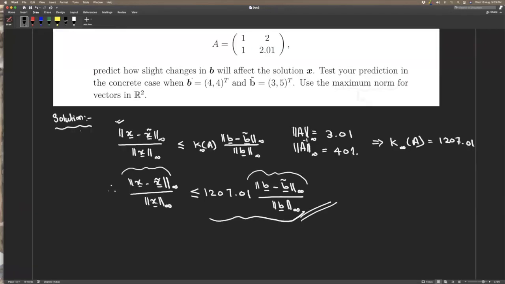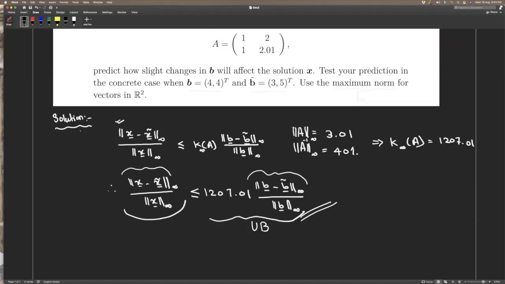Now, in particular, we want to take b to be 4, 4 and b tilde to be 3, 5. It means you put b and b tilde on the right hand side and see whether the upper bound obtained here is really respected. Because once you put b and b tilde, you can exactly find this number.